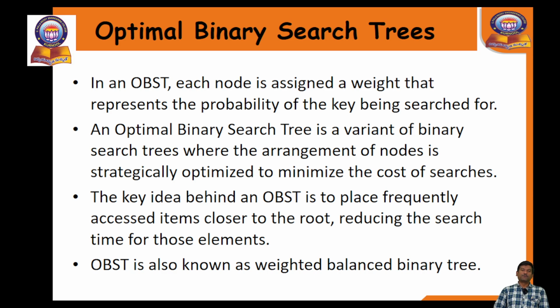In the optimal binary search tree, each node is assigned a weight that represents the probability of the key being searched for. You are familiar with the binary search tree. It has certain properties: there is a root node, a left child and a right child, the left subtree should be less than the root node, and the right subtree should be greater than the root node.